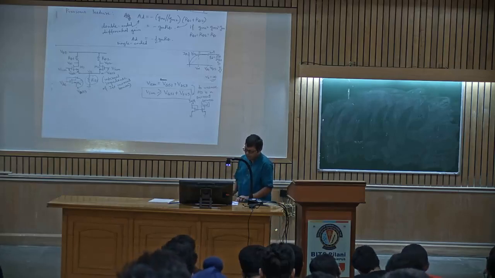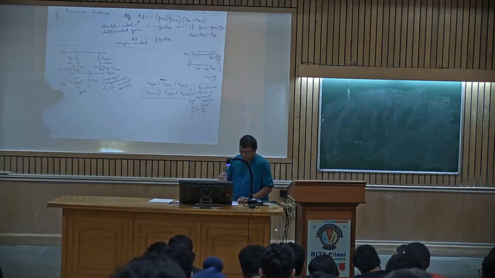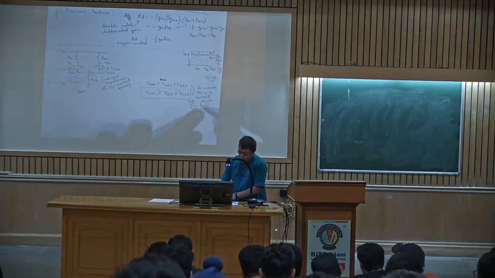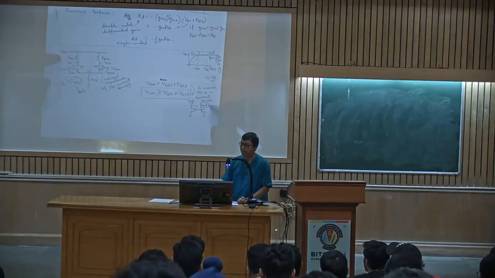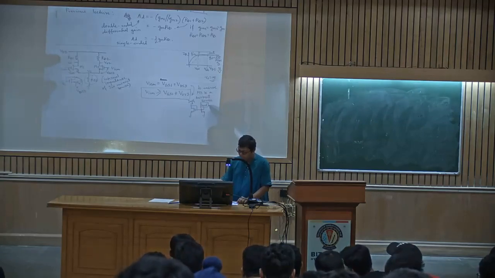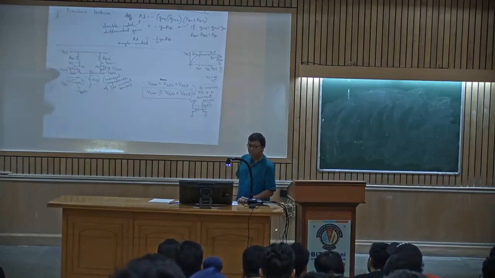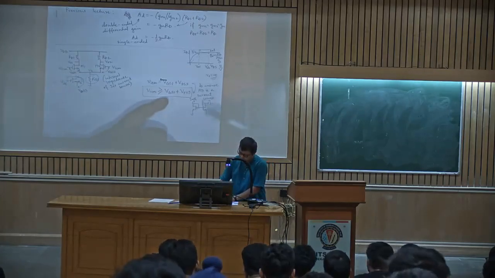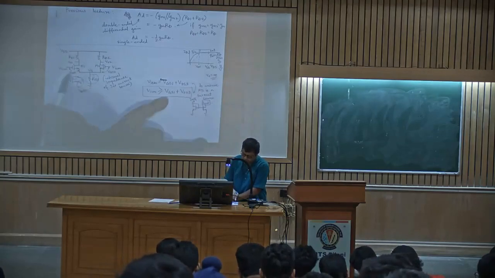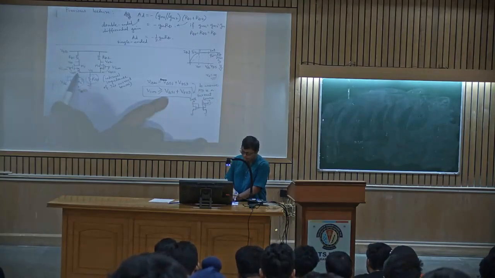So now, what is the condition we have noticed? That if you want to drive this load, what is this load? This diff amp. Okay, this diff amp will be working perfectly well provided that the voltage at the input is at least VGS1. This VGS1 is the VGS1 of the diff amp plus VOV3.